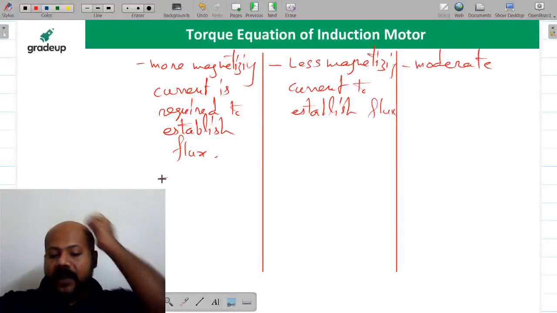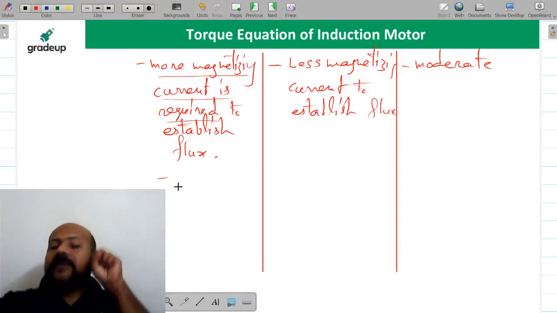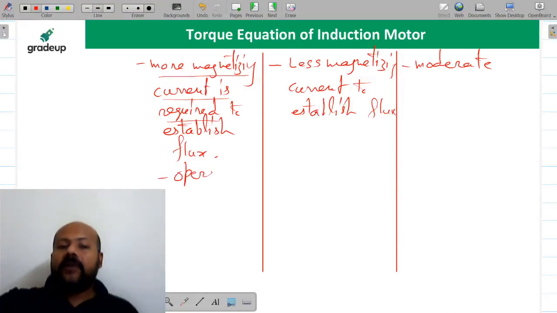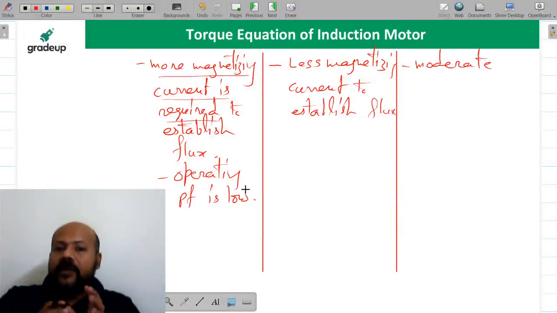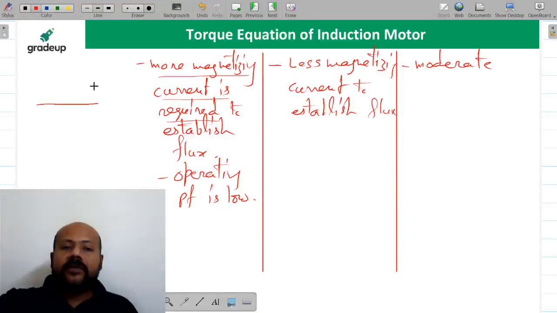Now you please try to understand, if it is more magnetizing current, then operating power factor is low. Are you getting this? More magnetizing current means more reactive power. You remember this? Suppose this is P and this is Q. So this is going to be your phi angle.